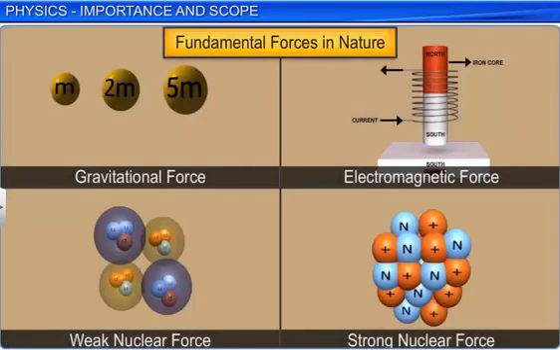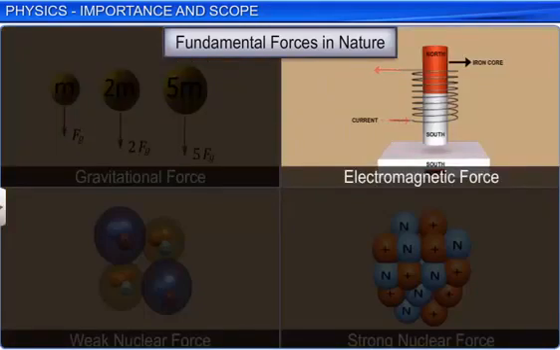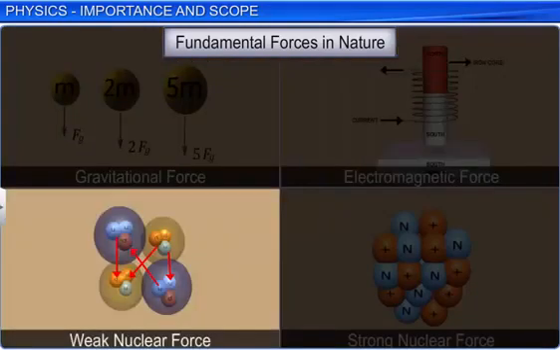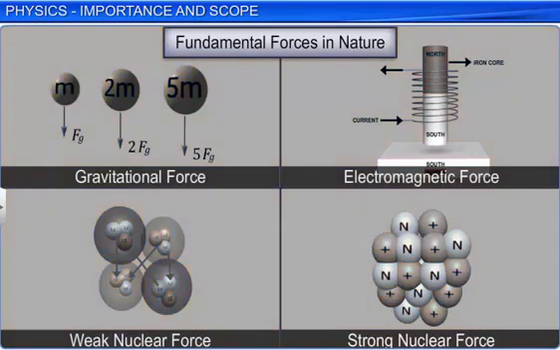There are 4 fundamental forces in nature, and all other forces we know are derived from these forces. These fundamental forces are gravitational force, electromagnetic force, weak nuclear force, and strong nuclear force.